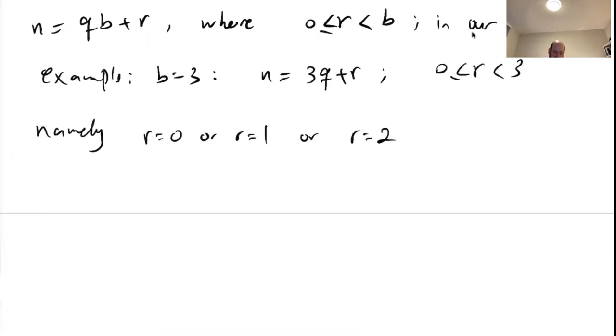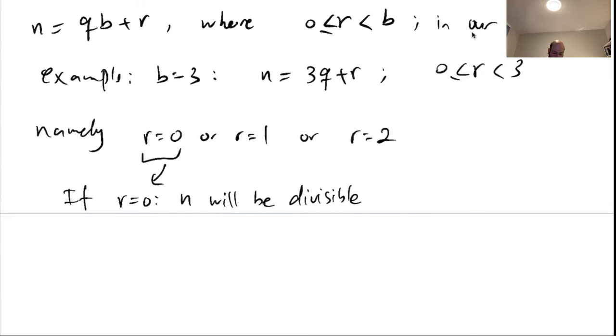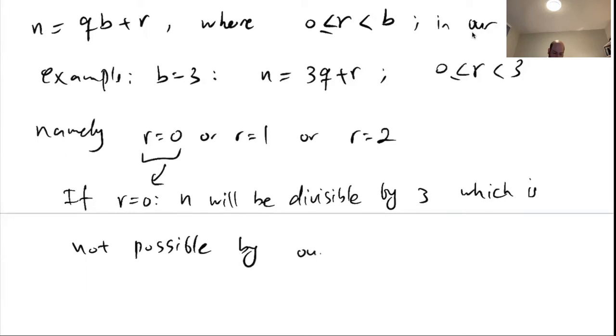But if r is 0, then n will be divisible by 3, which is not possible by our assumption.